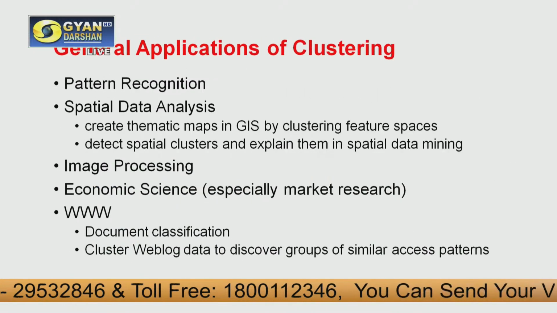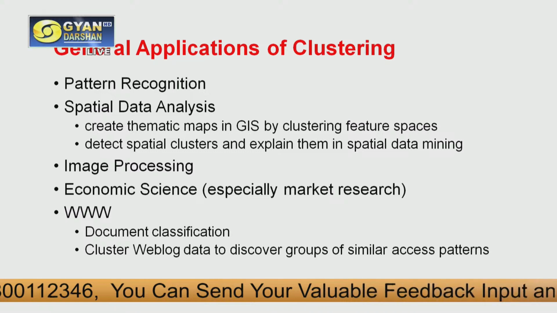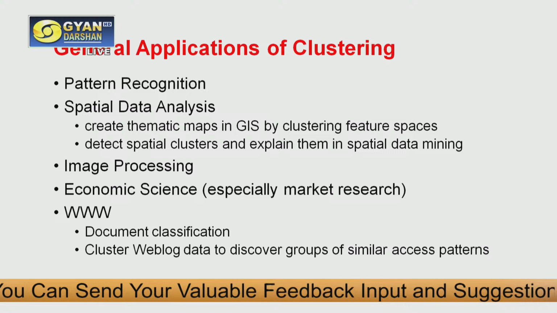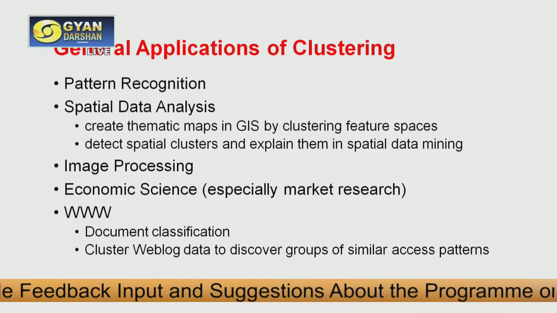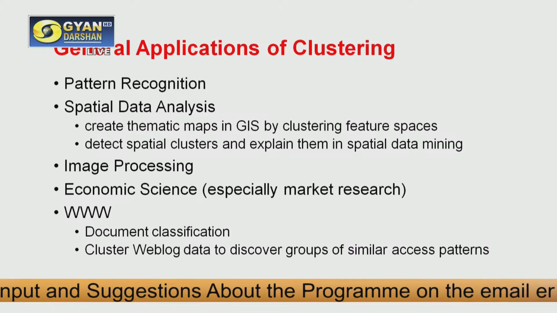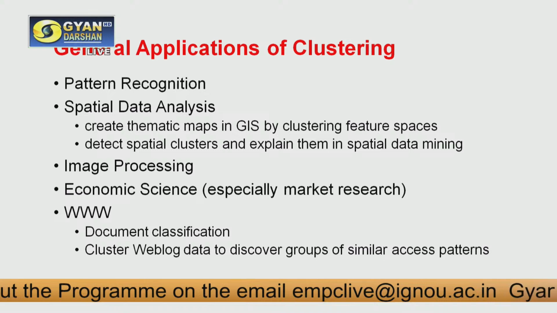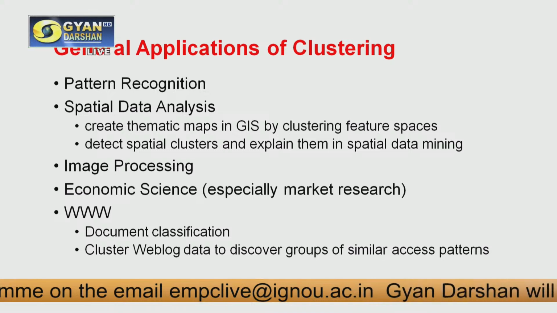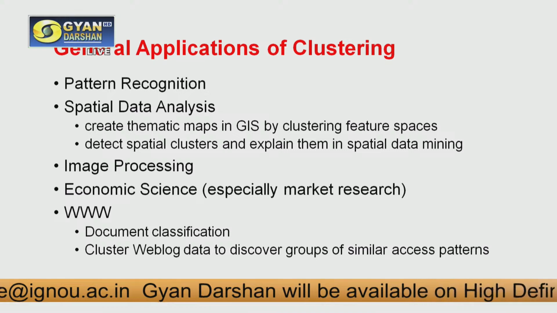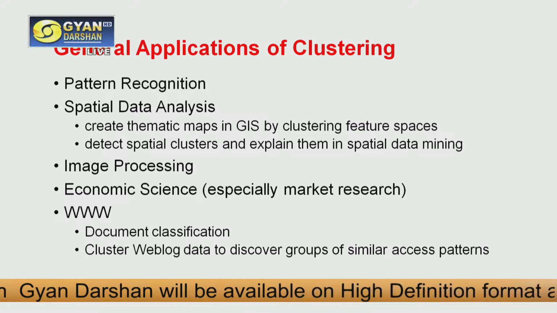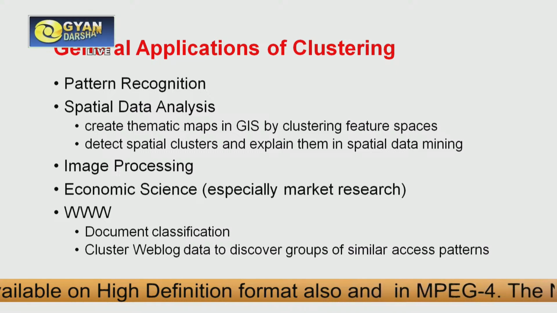Now let's look at the different applications of clustering. We have pattern recognition systems and image processing systems. People have used clustering techniques to form clusters. For example, you have seen the galaxy, right? We know the Saptarishi, the seven different stars which form one kind of cluster.